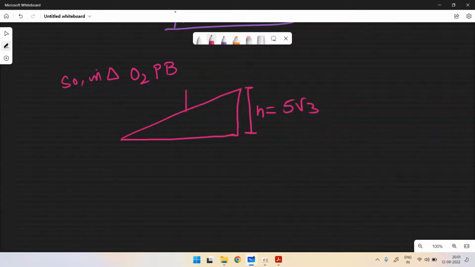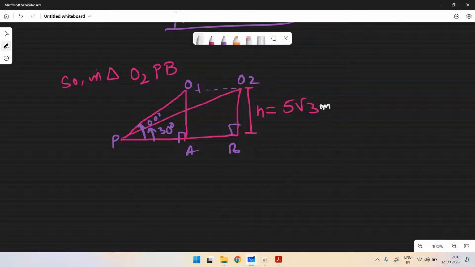The diagram is something like this: this angle is 30 degrees, this was 60 degrees, and this was AB. This was 90, O1, O2, and point P was fixed. This angle was 60 degrees. Dotted line. So this will be 5 root 3 meters.